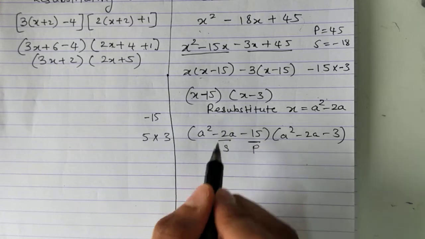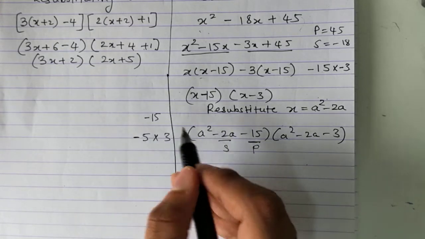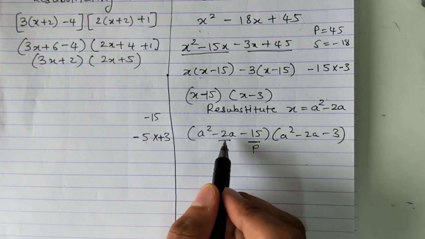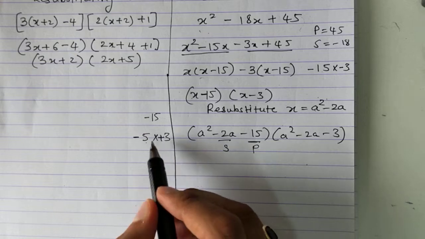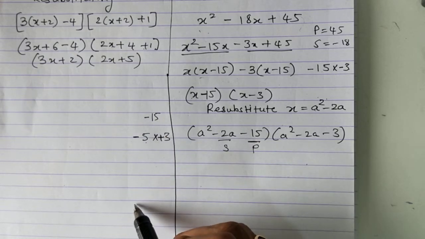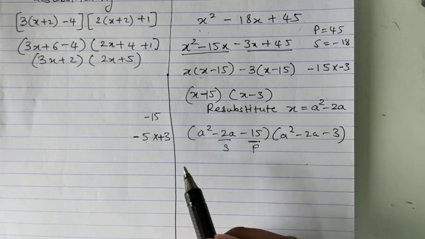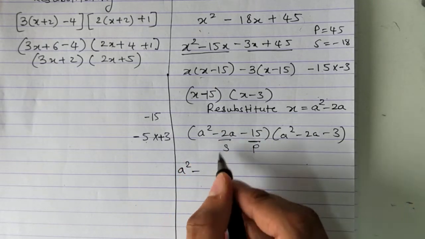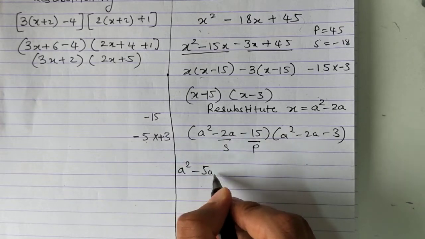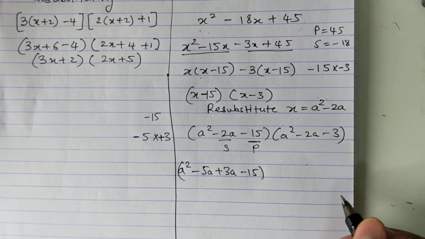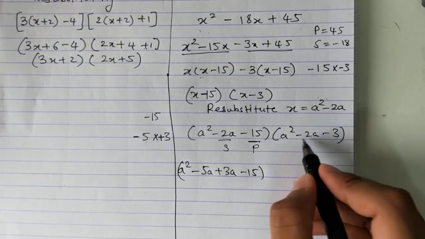So for a negative number, I'll make 5 negative and 3 positive. So see, minus 5 plus 3 will give me minus 2. And minus 5 into plus 3 will give me minus 15. Okay, so this splitting is done. A square minus 2a, I'll write minus 5a plus 3a minus 15.